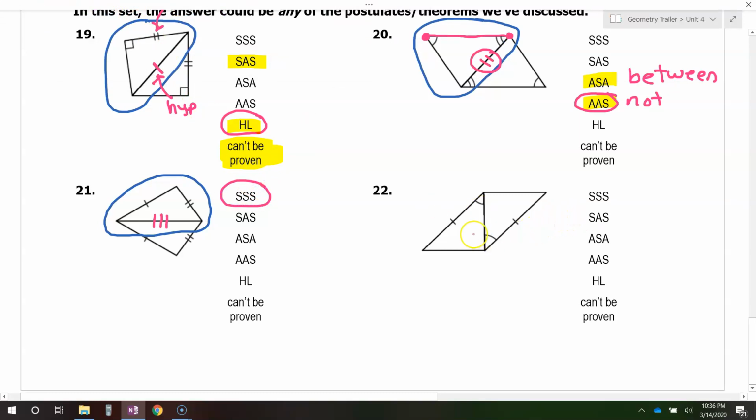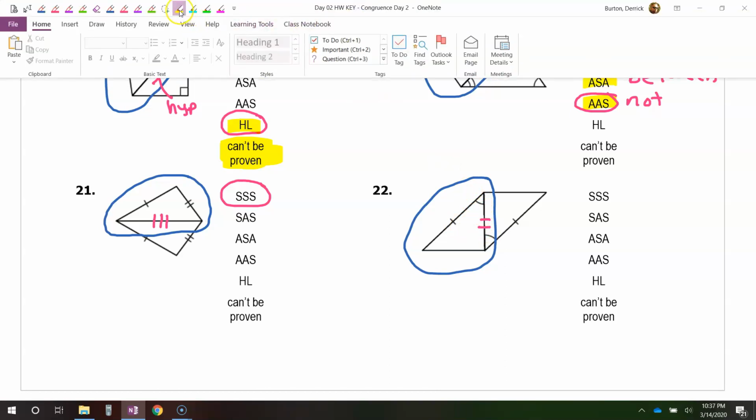And last one, number 22. We have a shared side. Let's mark it. Boom. Focus on one triangle at a time. Focus on this triangle right here, for example. What type of information do we have? We have two sides and an angle. So that narrows it down, right?